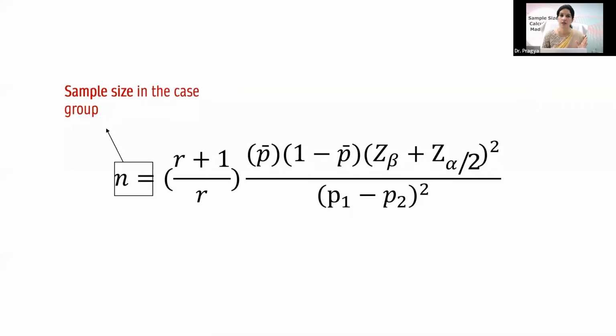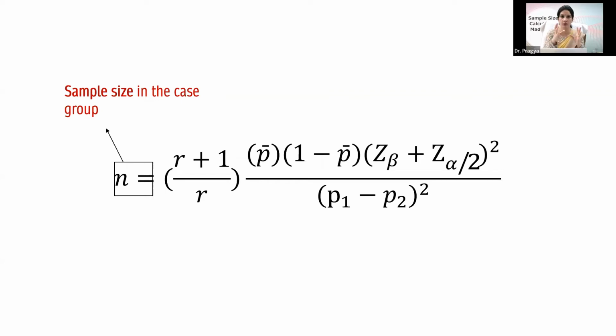Remember, we calculate the sample size in the case group, and then according to our convenience we decide the ratio of cases to controls, 1:2, 1:3, 1:4, depending on the availability of cases. But you don't need to remember or calculate using this formula. This formula is running behind in the statulator. Just for information or knowledge purpose, we have given this formula.